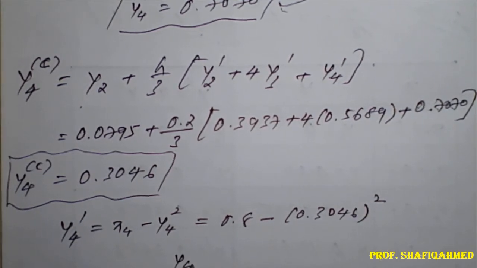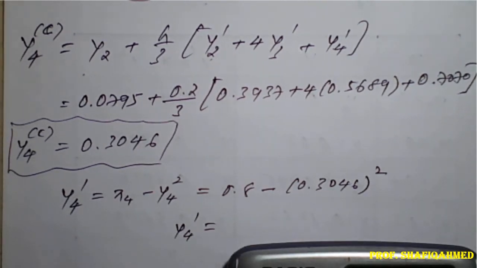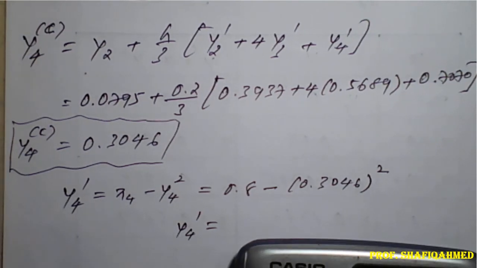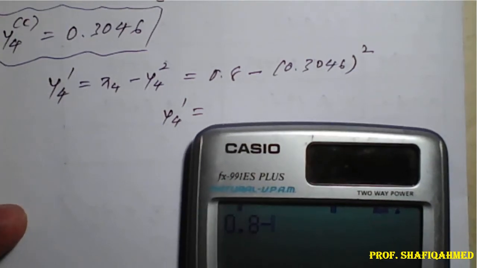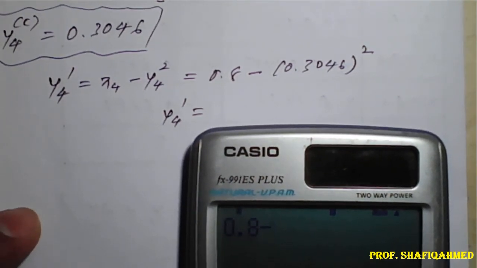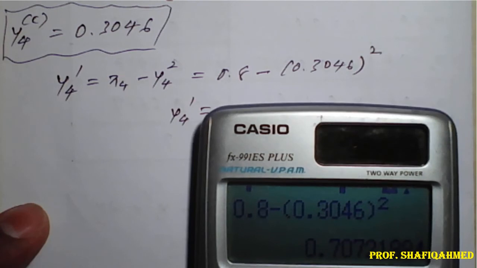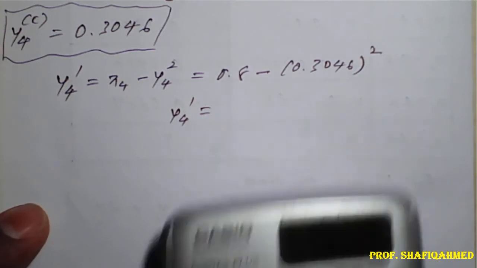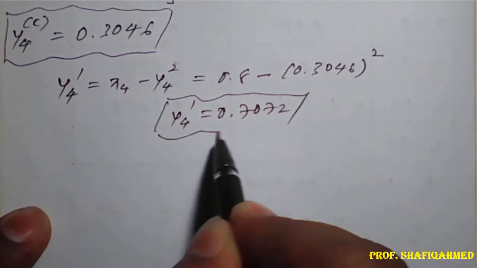So y4 dash will be, on calculation, we'll type this one: 0.8 minus 0.3046 square, and you can see the answer. It is 0.7072. It is coming 0.7072.